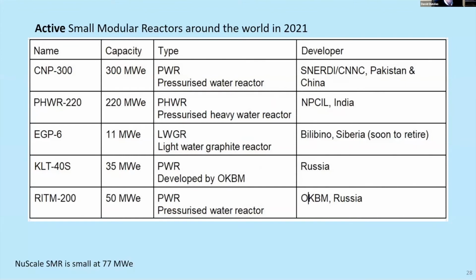There are some modular reactors running around the world. Some of these are quite old, so the idea is not exactly new. What will be new is to roll out a large number of them, because we will be needing to re-engineer our existing gas-fired power stations, and small modular reactors will be able to be produced in a factory, taken to them, installed, and they would then replace the gas-fired boilers.